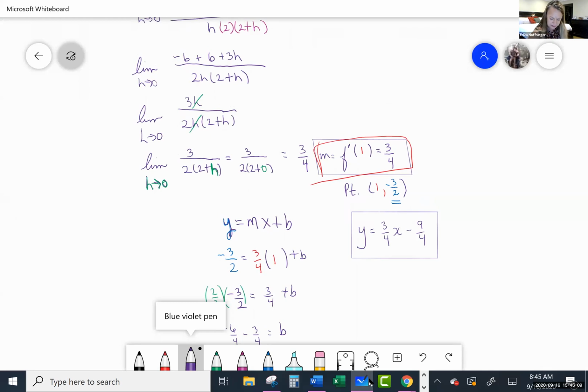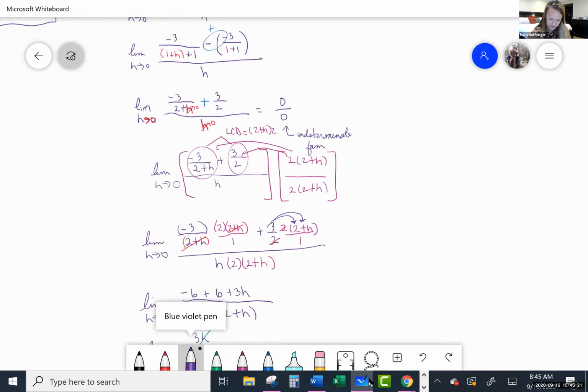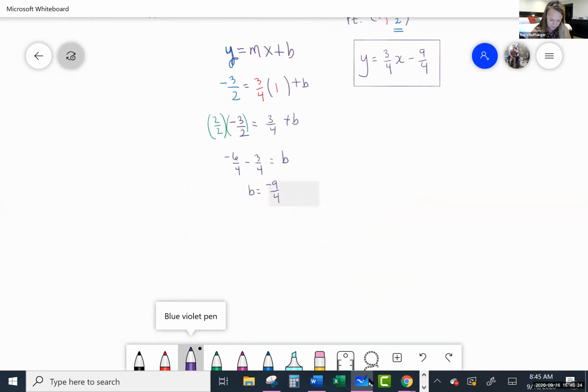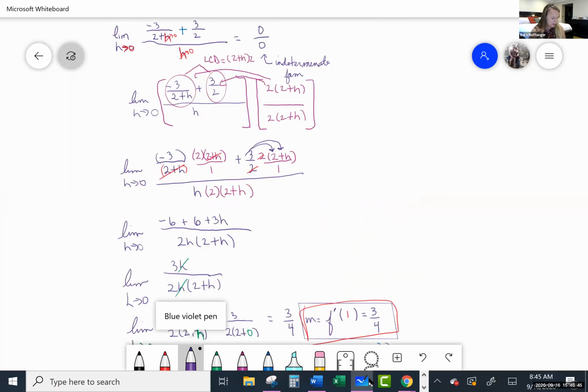And we saw y was equal to, where's the first one? Y equals 1/4 x minus 7/4.